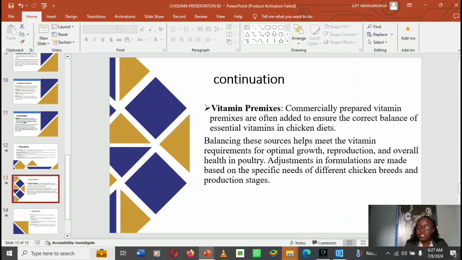So adjustments in formulation are made based on specific needs of different chicken breeds and production stages. So advanced adjustments in formulations are made. So you might find there is a bit of less or insufficiency in a vitamin, for example vitamin E, and then the chickens are going to show you a certain sign.